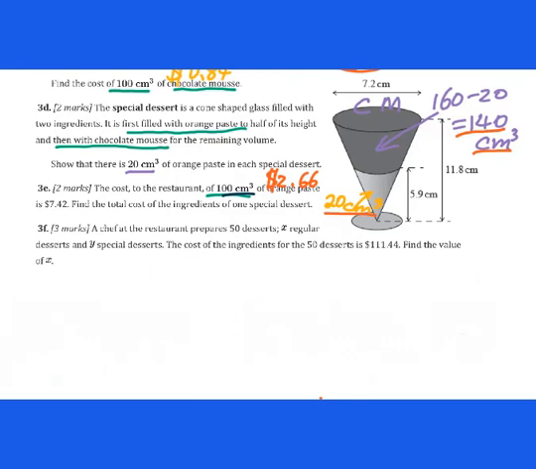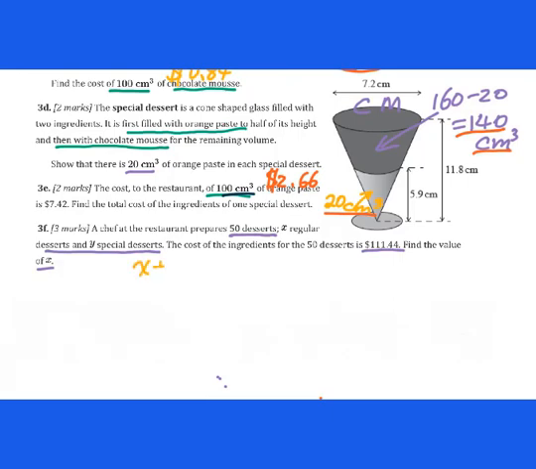Let's go to 3F. A chef at the restaurant prepared 50 desserts, X regular desserts and Y special desserts. The cost of ingredients for the 50 desserts is $111.44. Find the value of X. You need to set up the system of equations for 3F.